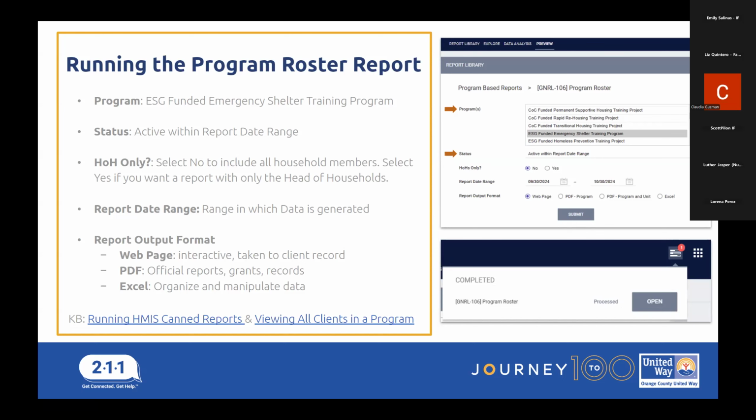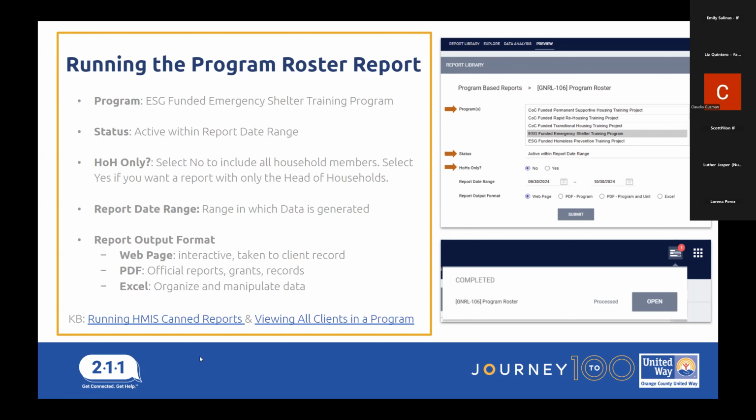And exited within the report date range, meaning the client's exit date is within the selected report date range. Also, a client will be listed more than once if they have enrolled in a program more than once in the report date range, or if they have enrolled in more than one program when multiple programs are selected.